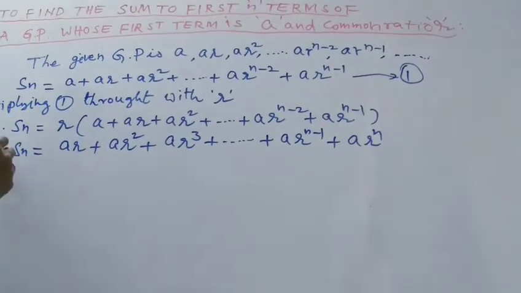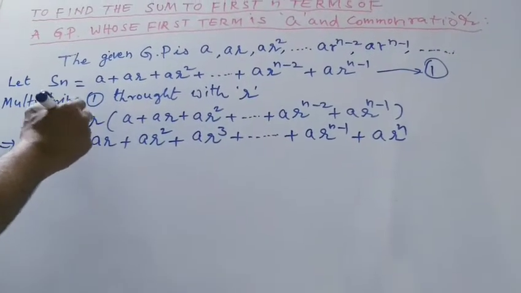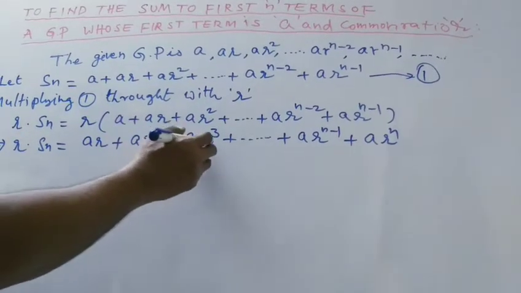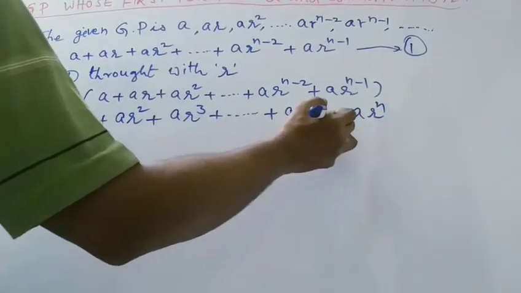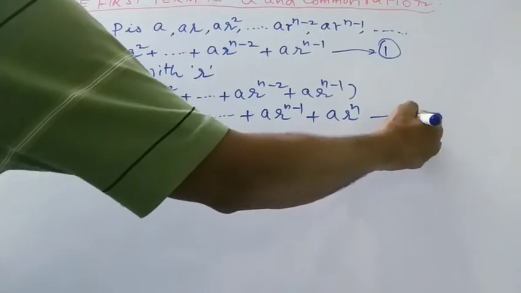After multiplying with r common ratio to this sum to n terms, we get ar plus ar square plus ar cube plus and so on plus ar to the power of n minus 1 plus ar to the power of n. This indicates second one.